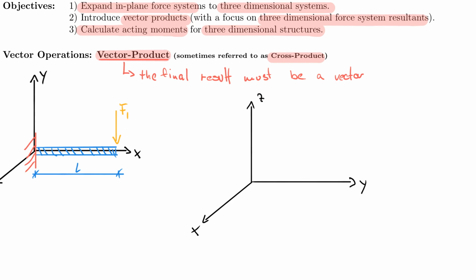And now I place a random structure in there. Let's say it's a pipe structure. Doesn't really matter what it is, but let's make our life easy and have a structure that is acting here. And to symbolize where it's acting in 3D, I'm using my dashed lines as always.